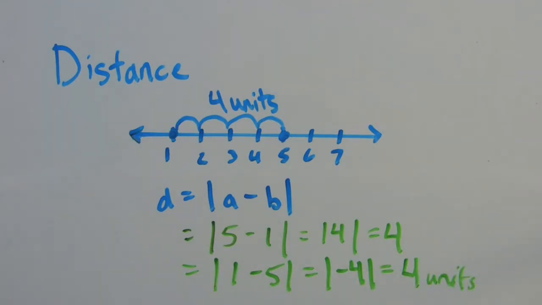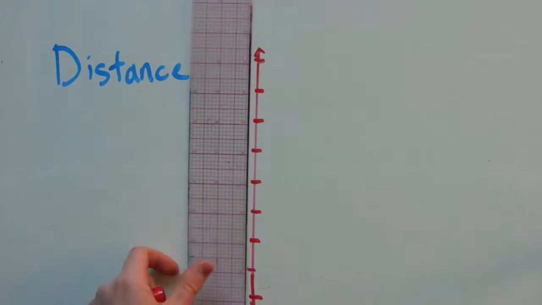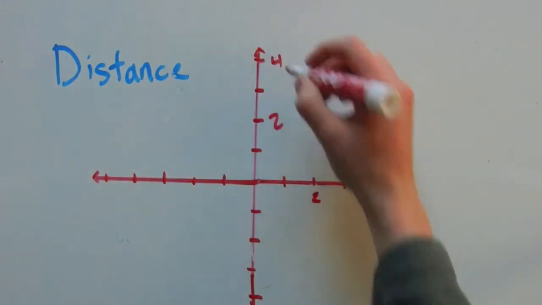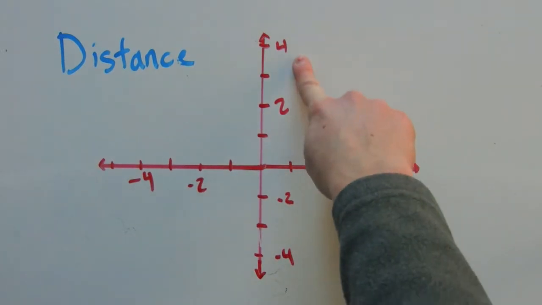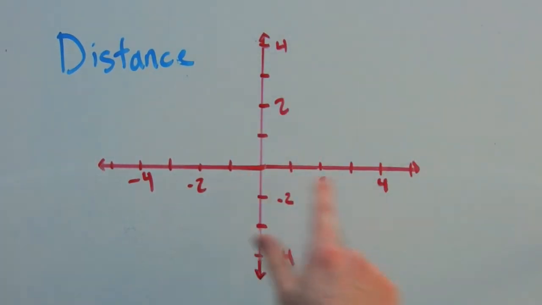But let's say you have to find the distance on a coordinate plane. Here I've drawn a simple coordinate plane going from negative 4 to positive 4 in the y direction and negative 5 to positive 5 in the x direction.